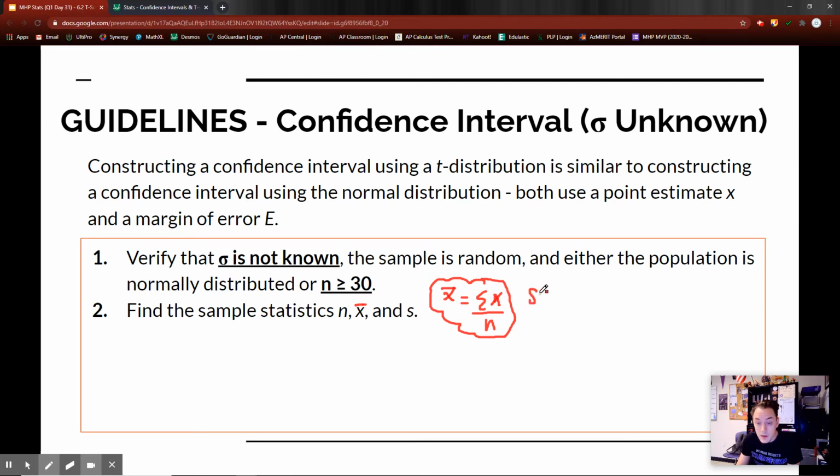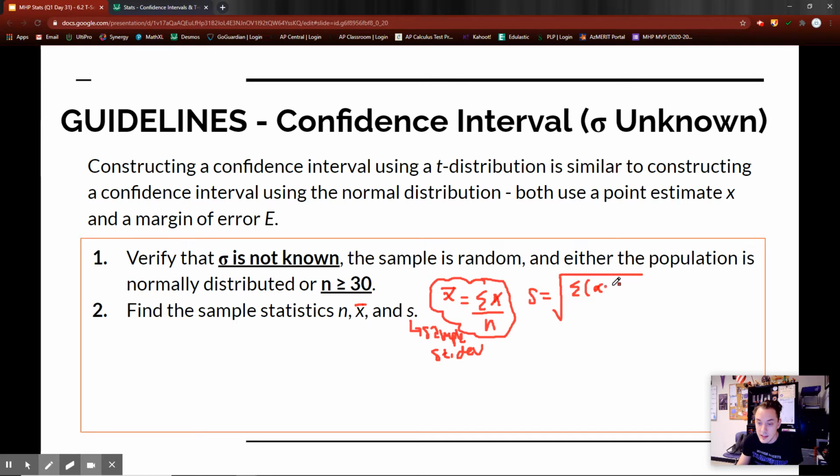But most likely they'll also give you this. The reason why this is different is that now it's going to give you your sample standard deviation. Okay, sample standard deviation. It's a rather nasty formula, but you don't need to calculate this by hand.